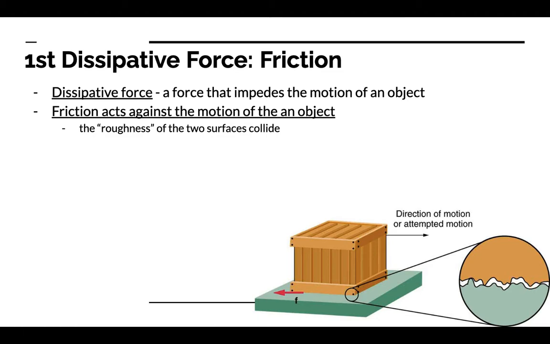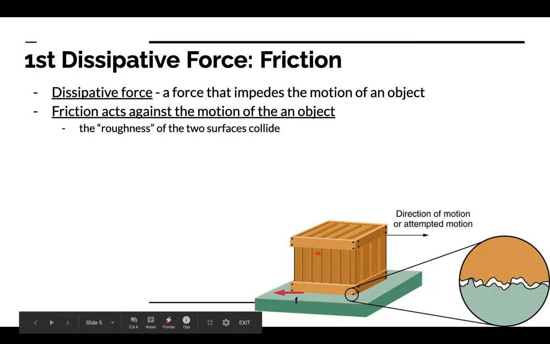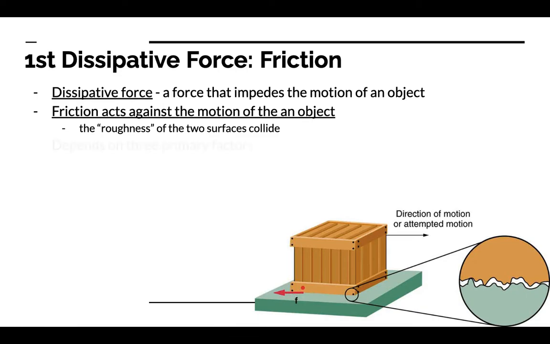So if we push our crate to the right, the ridges from the crate are going to collide with the ridges from the ground. As a result, the ridges from the ground will apply a force by Newton's third law back on the crate. These forces from each ridge manifest themselves as a force due to friction from the whole surface acting on the crate.